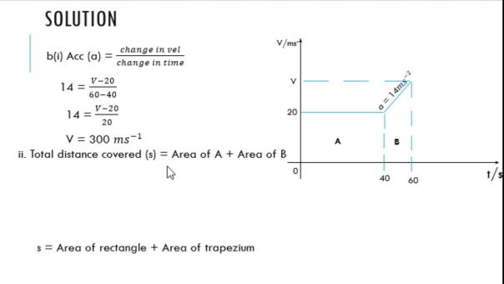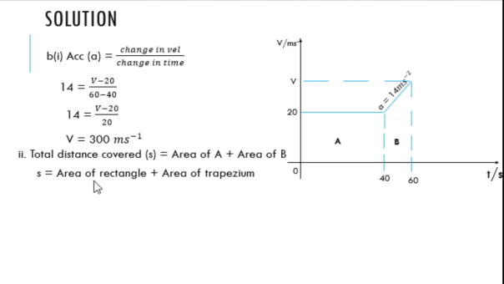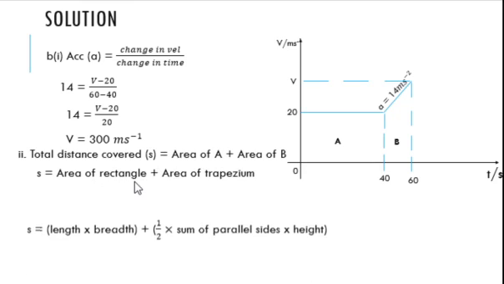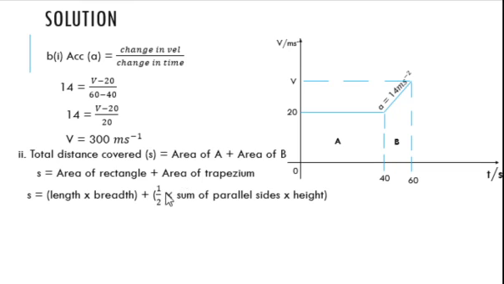Area of a triangle is half times base times height. Area of a rectangle is length times breadth, while area of a trapezium is half times the sum of parallel sides times height. So for A, the length is 40 and the breadth is 20. That will be 40 times 20, plus half times the sum of parallel sides times height.